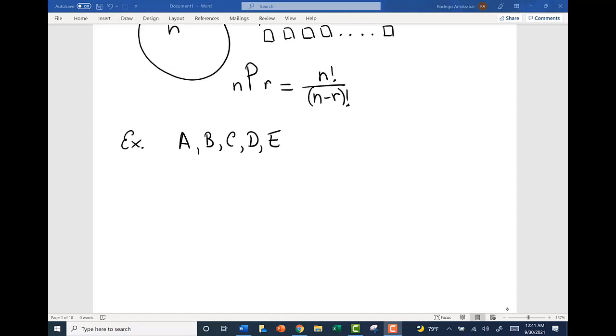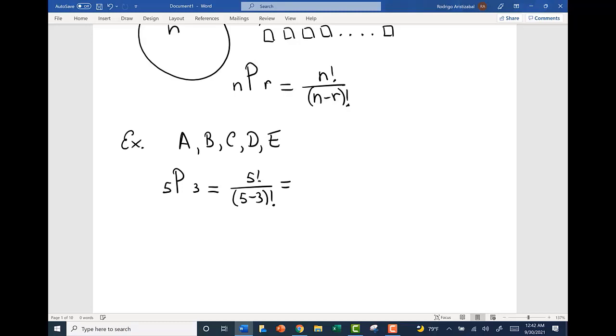For example, from 5 letters, in how many ways can we select 3 letters from these 5 letters but order matters? If we apply the formula, from 5 items we are going to select 3 items but order matters. Then the formula is 5 factorial divided by 5 minus 3 factorial.